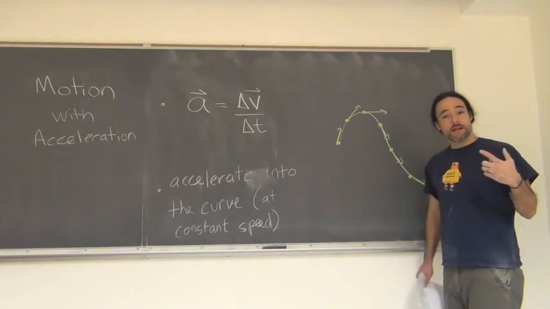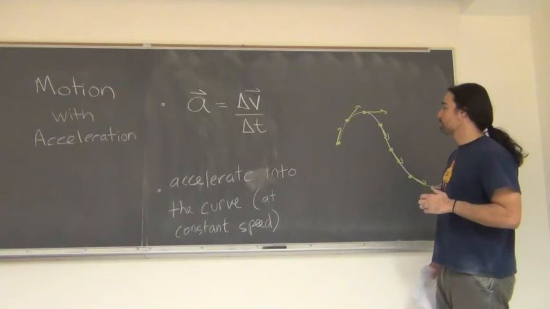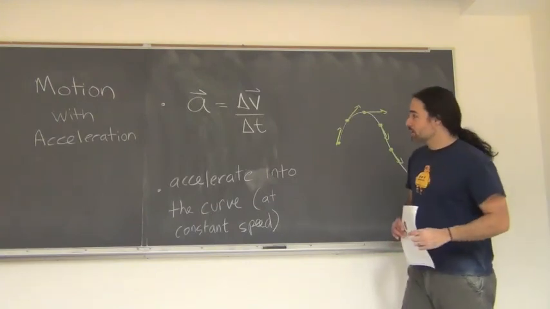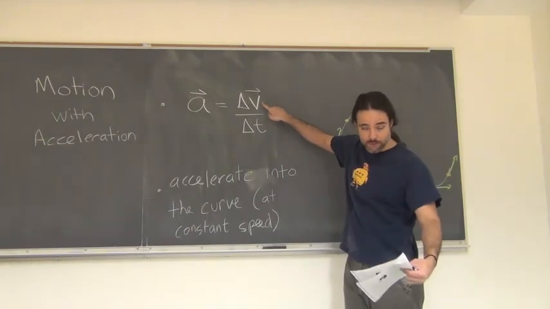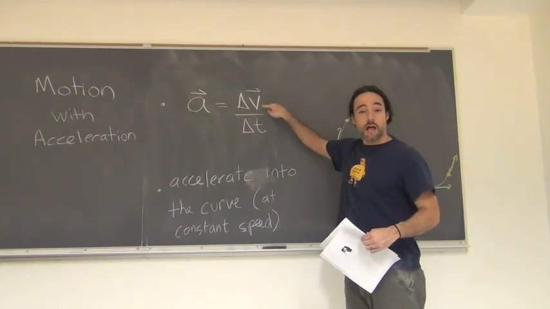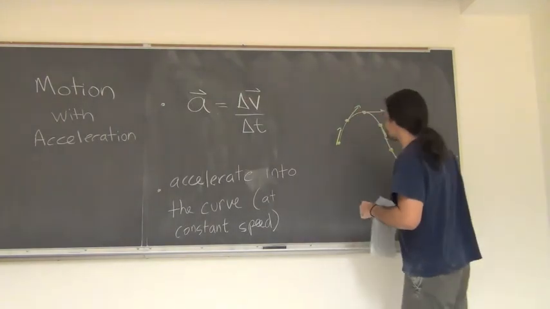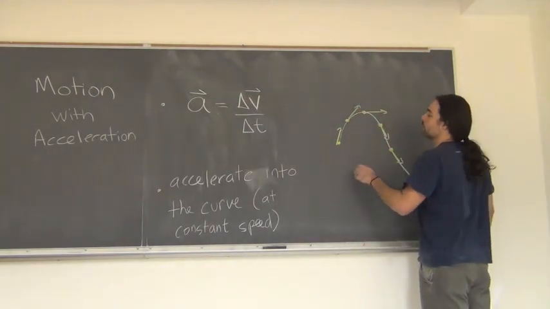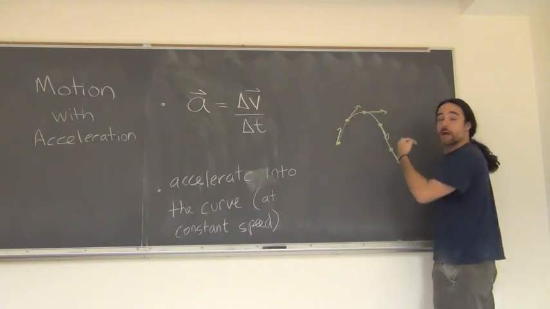But even though we're moving at a constant speed, the velocity is still changing because we're changing direction. Whenever I have a change in velocity, even if the speed is constant, just by changing the direction, you still have acceleration. And you accelerate into the curve. So here, I was going up and to the right. Now I'm just going up.